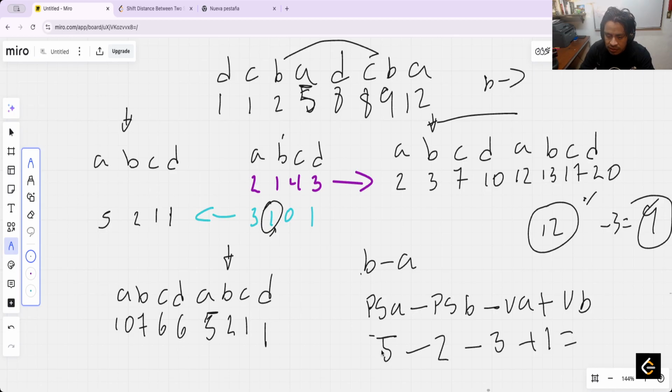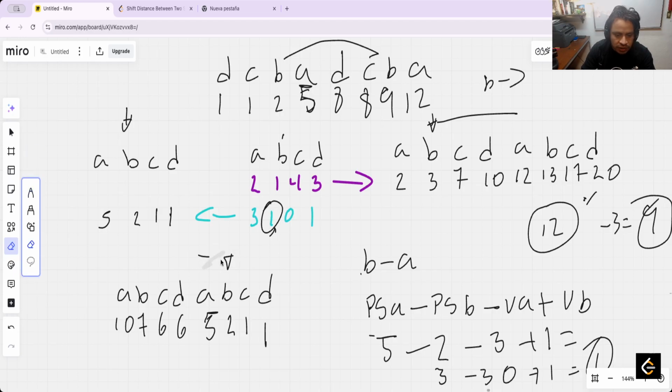This case is 5 less 2 it's equal 3, less 3 it's equal 0, plus 1 it's equal 1. The number between this and this is 1. Yeah, and now we can say that is correct.